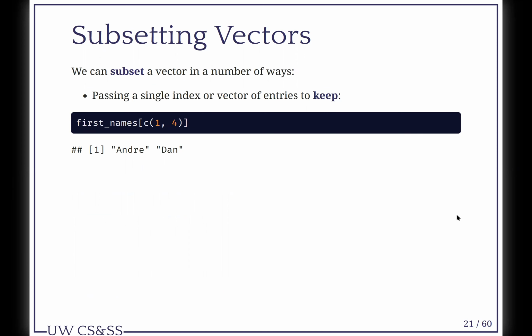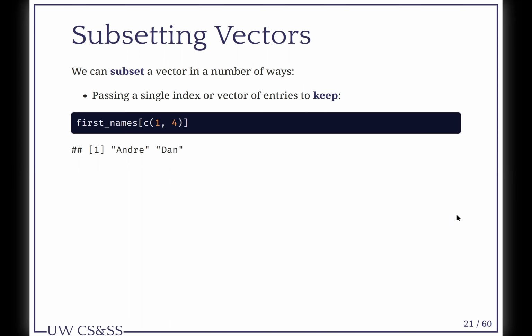We can subset a vector in a number of ways. We can pass a single index or vector of entries to keep. For instance, we can take our first names object and subset with these single brackets a vector with the 1 and the 4, and this will provide the first and fourth element of our vector.